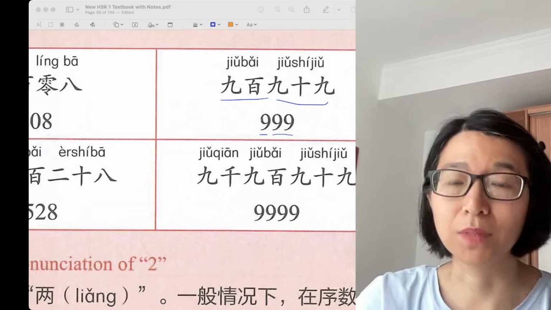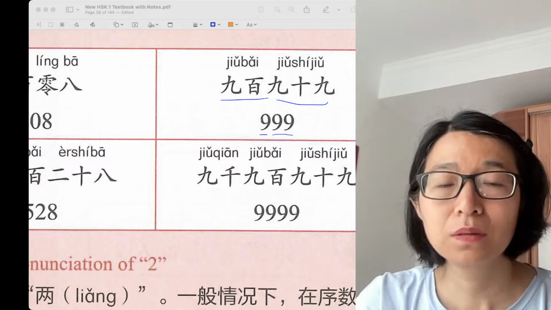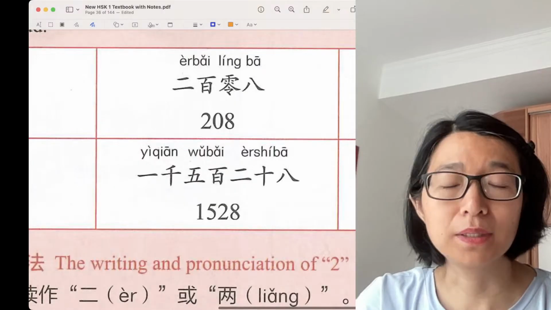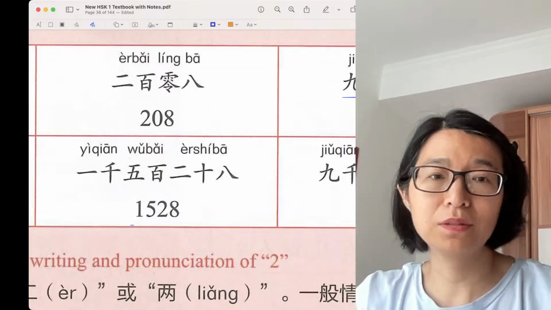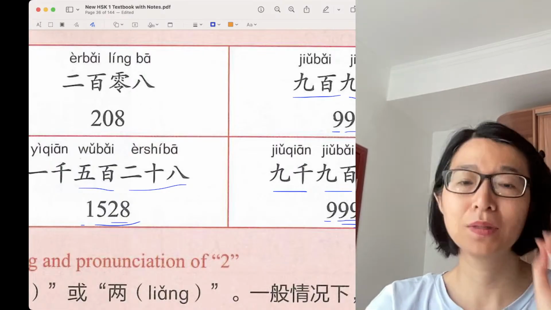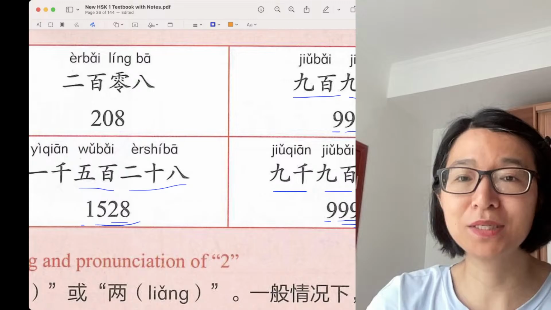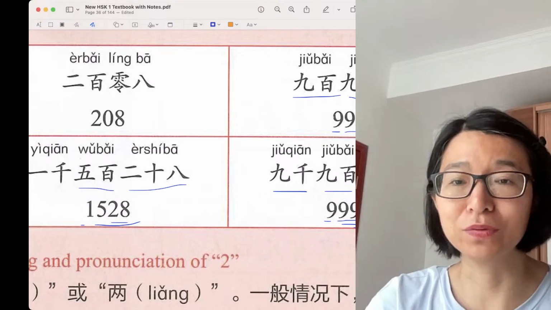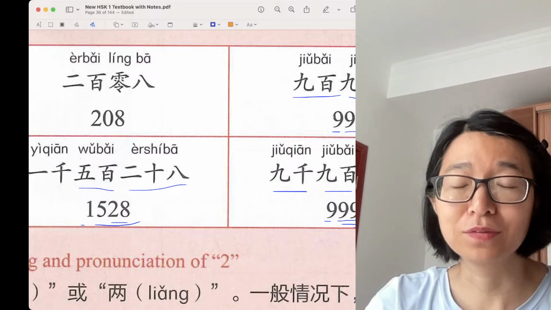Okay, clear? Okay, now let's say 1528. See, not hard. Wow, I can say such a big number. Okay, 9999. Cool, guys. 很好. Very good.